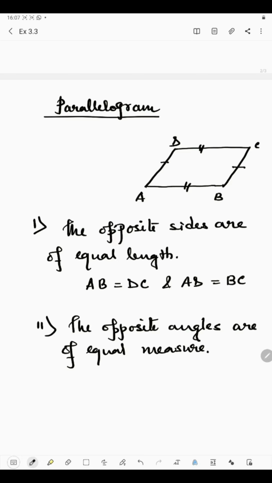If you see this figure, angle A is equal to angle C, as these two are opposite angles, and angle B will be equal to angle D. So in a parallelogram opposite sides are equal and opposite angles are also of equal measure.